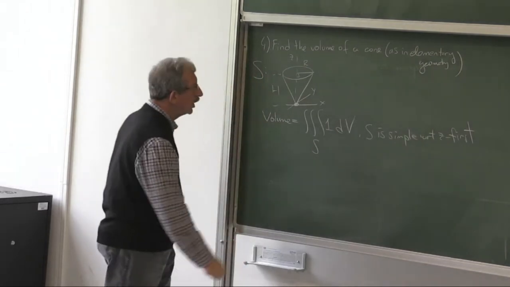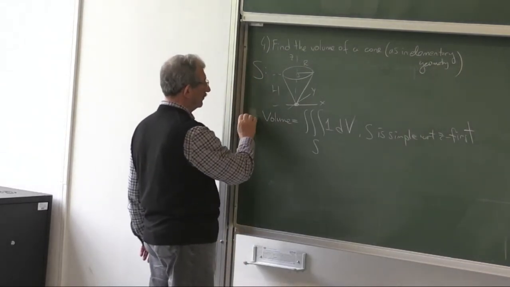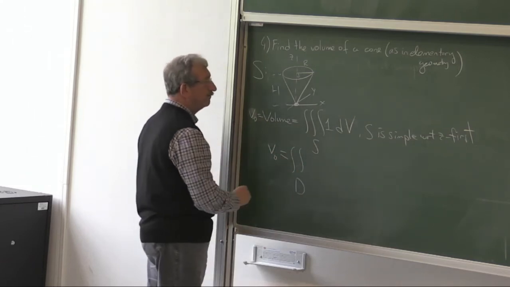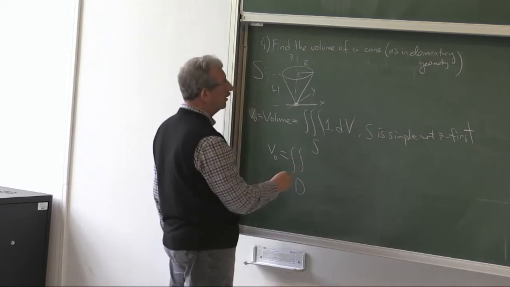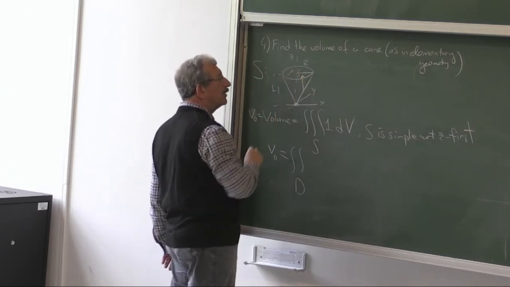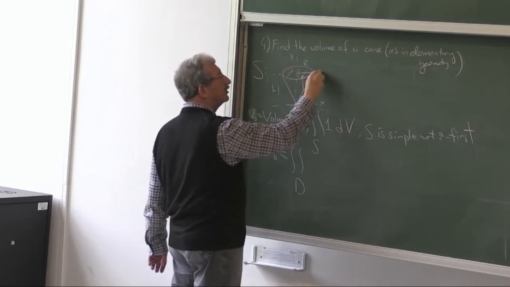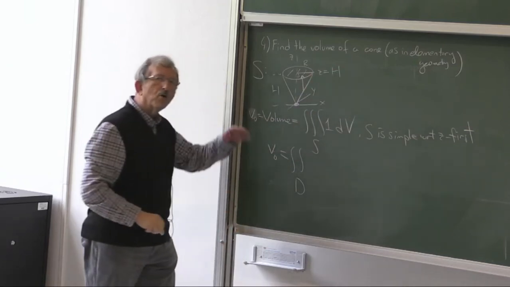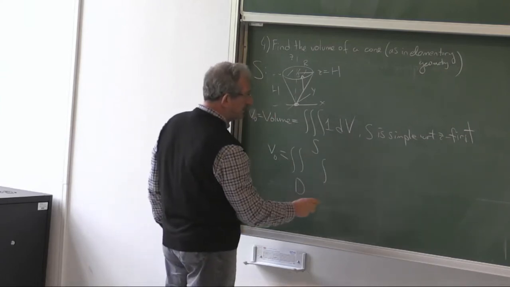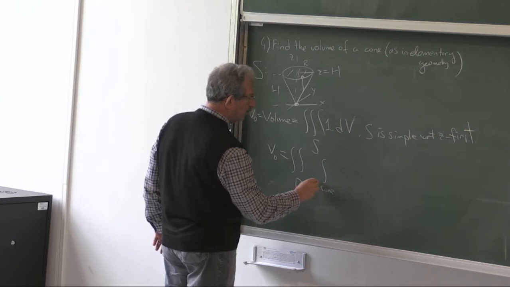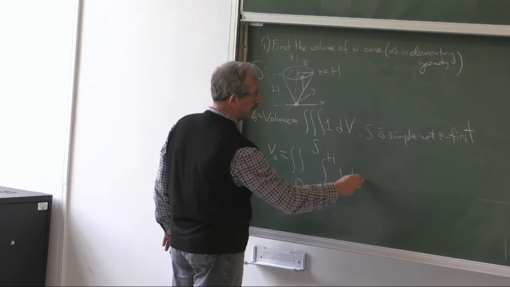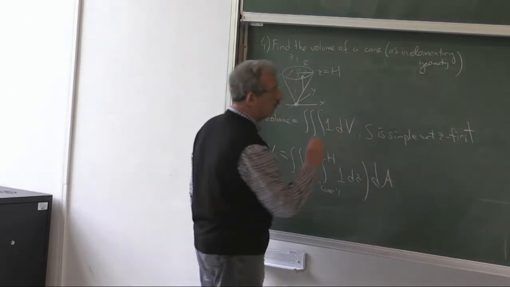So the volume, let me call it V0, V0 will be then integral over D of the cone up to the upper surface. Upper surface is clear. It has a height h. So it's the horizontal plane z equal to h. So here z changes from the cone up to h, 1 dz. And then we evaluate over dA.